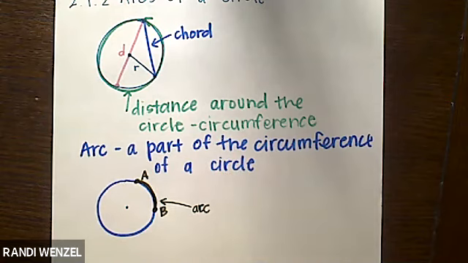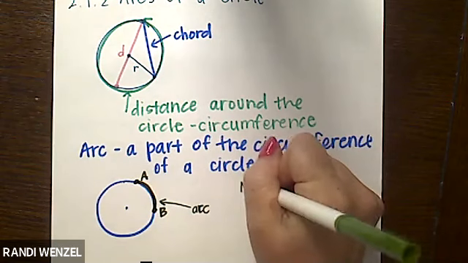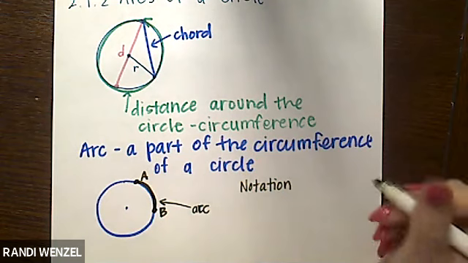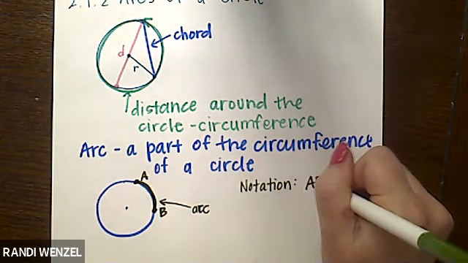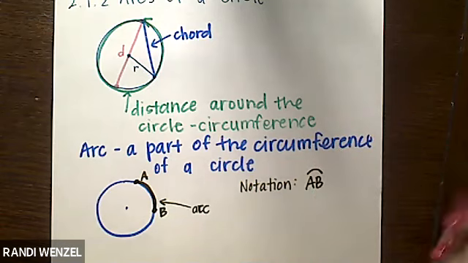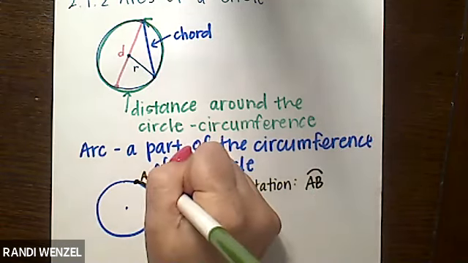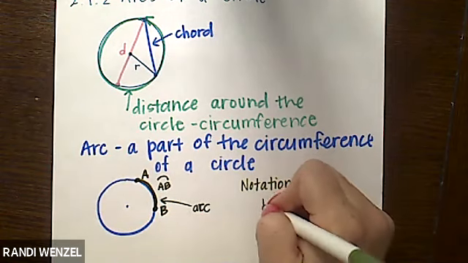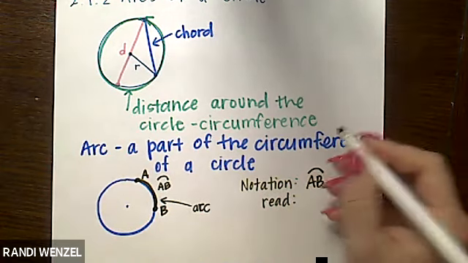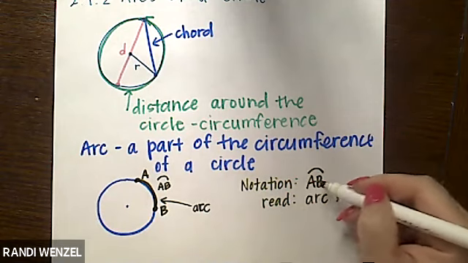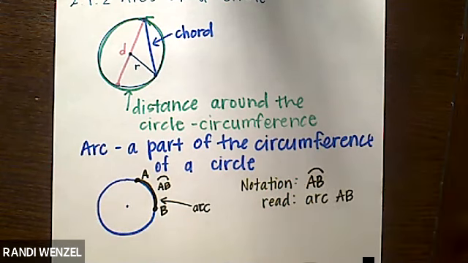And the way we write it, so anytime we name things, we have a special notation. The notation is how you write things. So it's written with the endpoints, but with a little arch above it. And so that's how we would name this. So this would be arc AB with a little arch, as it goes from A to B. If you had this in an assignment and you see this, you can read that as arc AB.